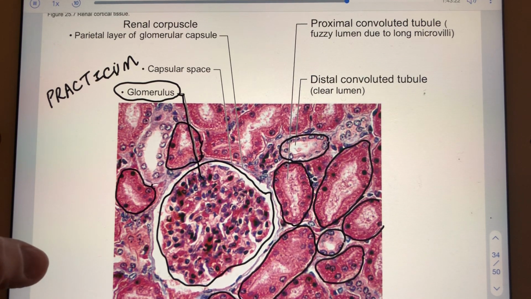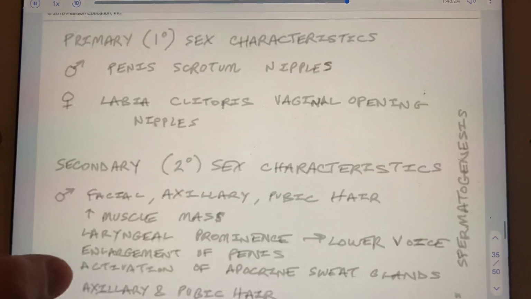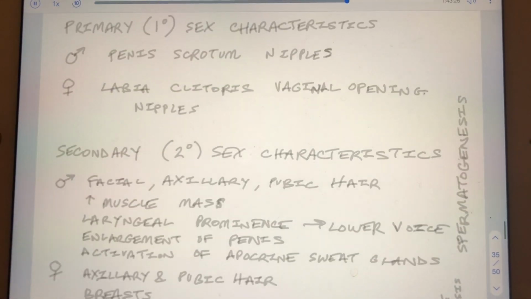All right? Now, on the next slide, which is slide 36, I've just given myself some blank space so that I can finally talk to you about secondary sex characteristics. And in order to understand secondary sex characteristics, we've got to also clarify what primary sex characteristics are.